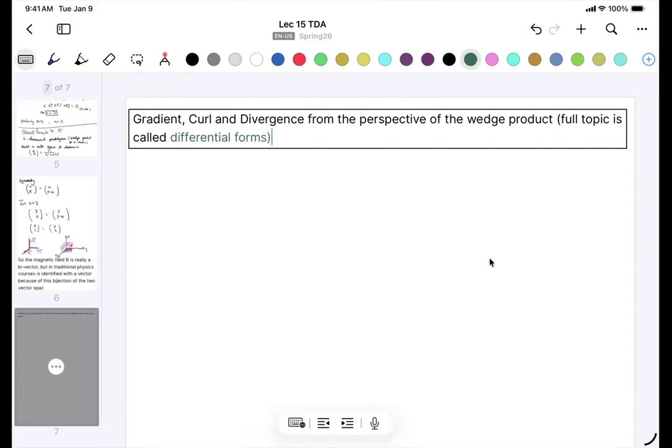Okay, the magical thing that you have to remember is the following. Again, I'm just going to do it on R3 because that's what you're more familiar with.